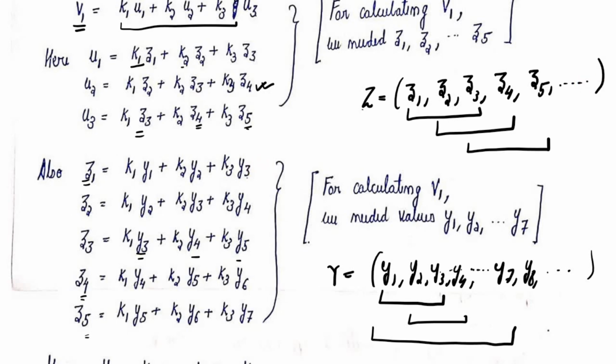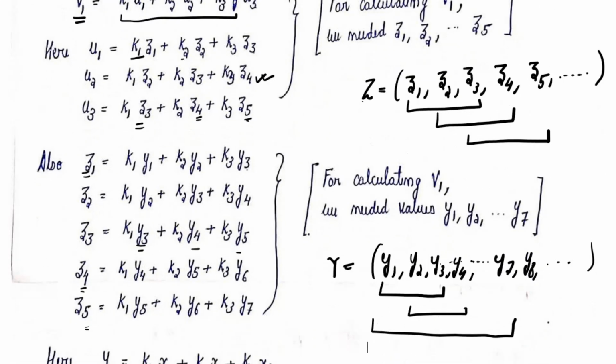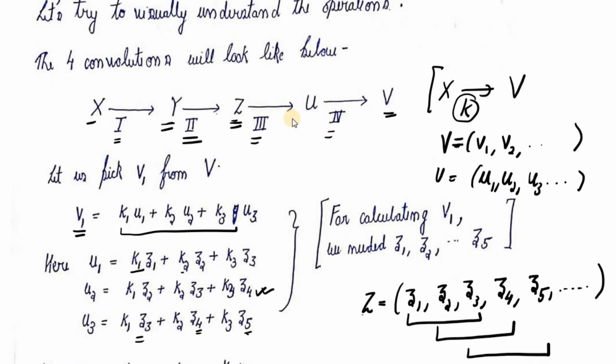So let's understand again what exactly has happened till now. We were supposed to find how many units of X are needed to generate V. We started with V1. We realized 3 units of U are needed: U1, U2, U3. And in order to generate these 3 units, we moved a step back and saw that 5 units of Z are needed to calculate U1, U2, and U3, and hence 5 units of Z to calculate 1 unit of V1.